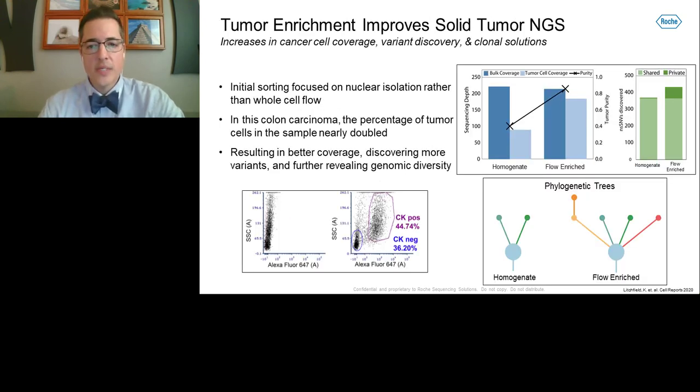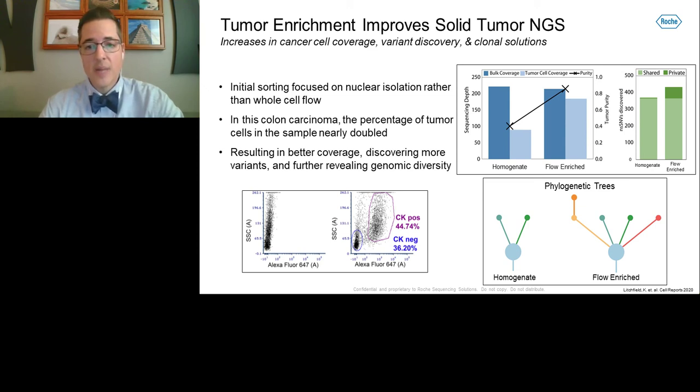You can see here in this series of figures the benefit of doing this relative to sequencing depth and output. In the bottom left, this is a colon tumor that was sorted based on cytokeratin 818. And you can see that 44% of that tumor was CK818 positive. We then sequenced both the homogenate, the mixed population of cells, and the enriched tumor.